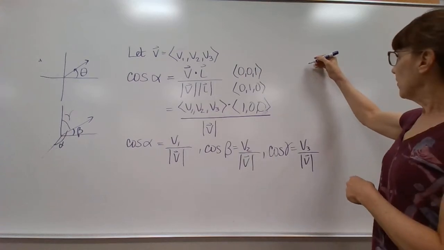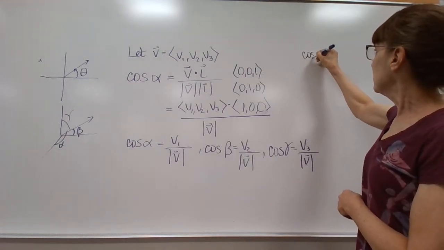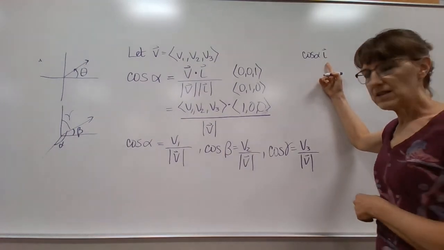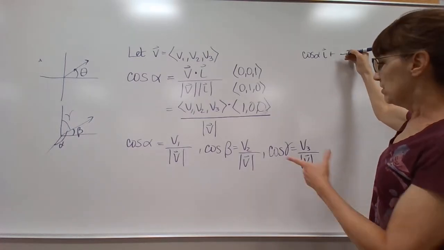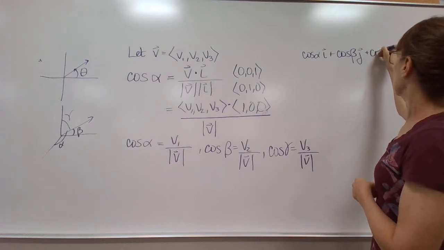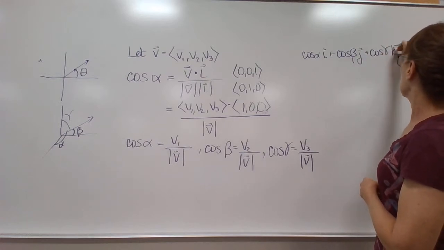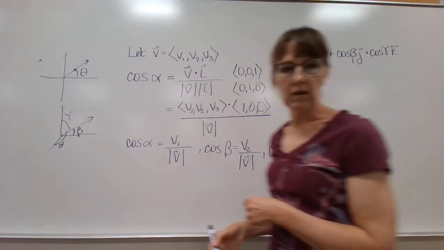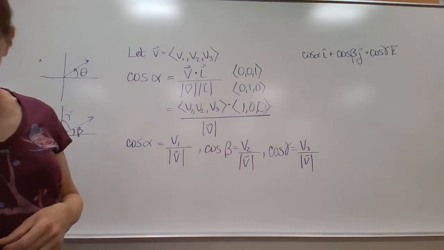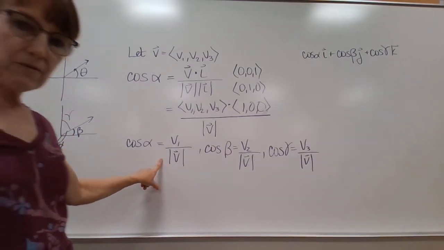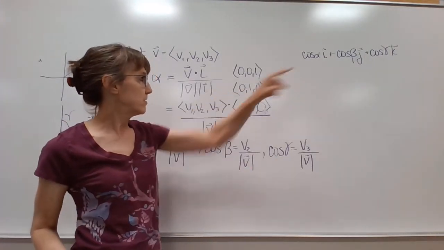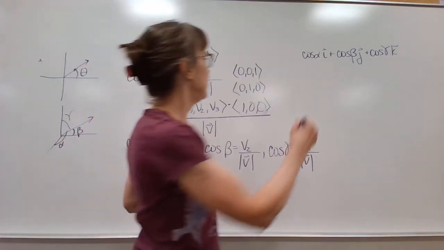If I take the first one, cosine alpha, times the unit vector in the direction of the x-axis, which is i, and then the other 2 ditto, I get V1 over the magnitude of V plus V2 over the magnitude of V plus V3 over the magnitude of V, each times their respective unit vectors.